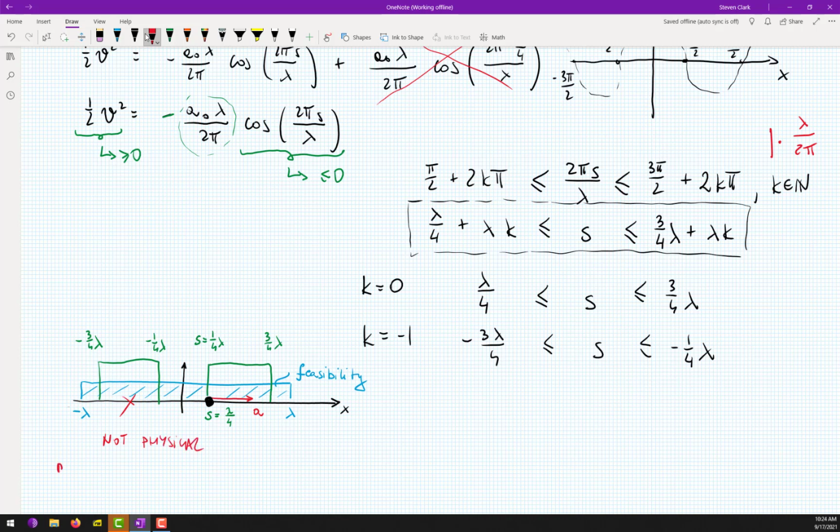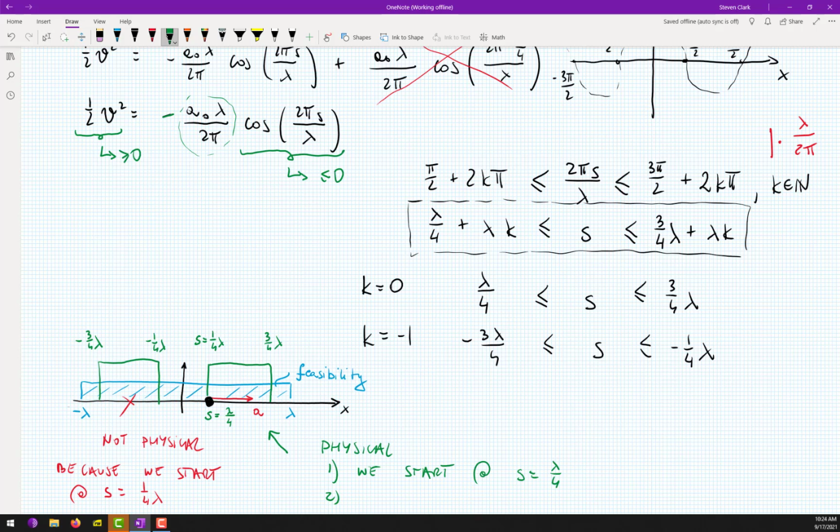Because we start at S equals 1/4 lambda, and our ball cannot jump all of a sudden to the other one. But the other one is physical. This is physical for two reasons. First, we start at S equals lambda quarter.